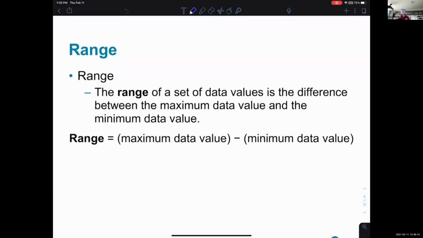So we're talking about numerical data. You can't have a difference in colors, right? So not categorical data.